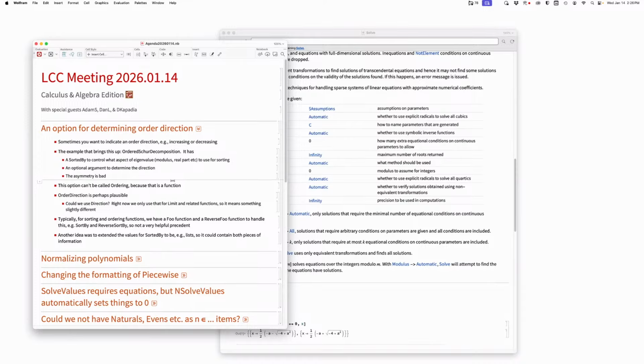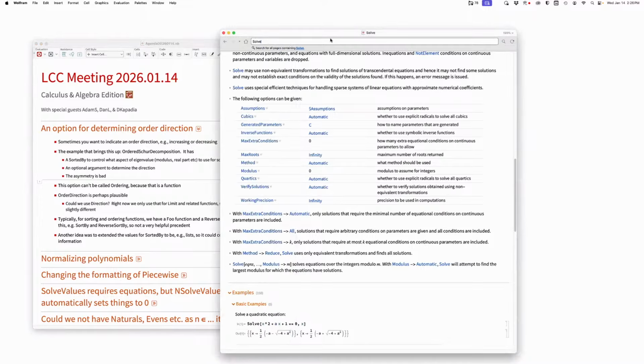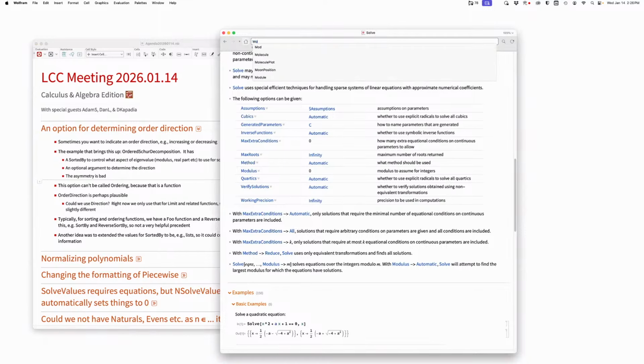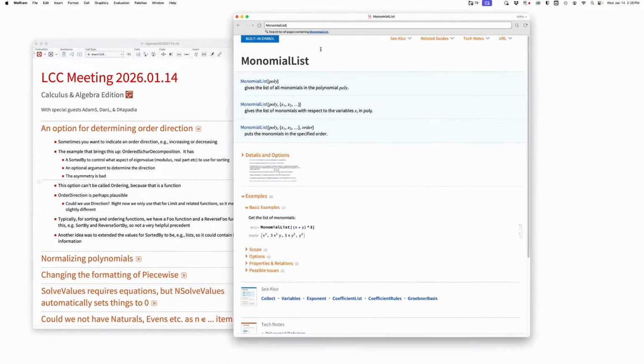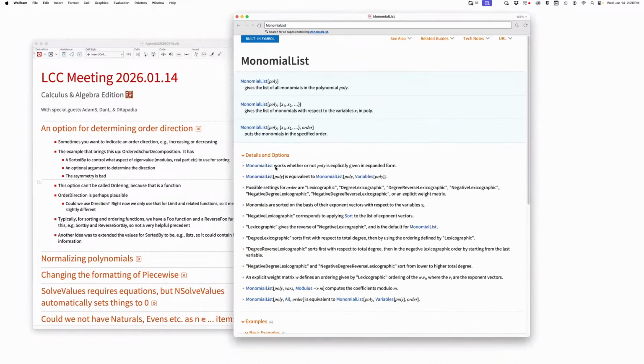There's a bunch of functions that need ordering of some kind, where the ordering is not self-evident. MonomialList, I think, would be the one with the most orderings. Yeah, MonomialOrder, you mean? It just gives a whole bunch of different orderings.